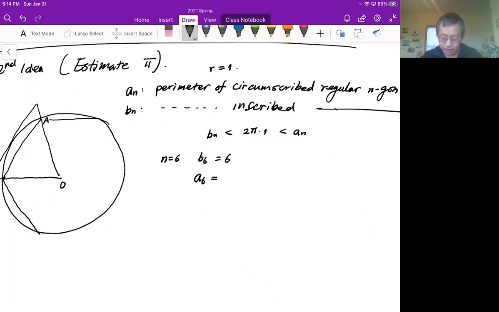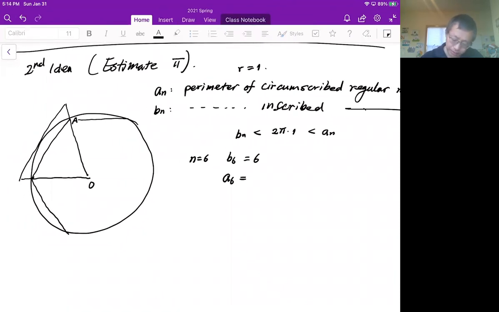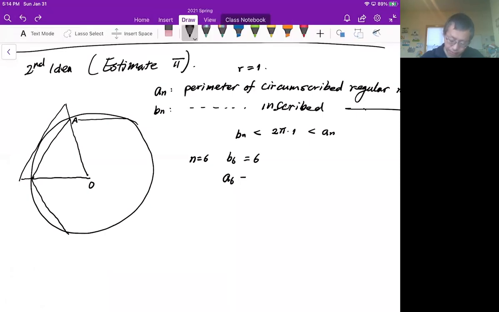So basically, I want to see the ratio here. Let me draw this one here. How do you get A6?